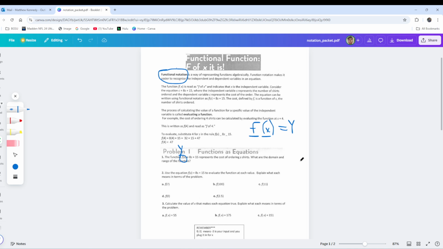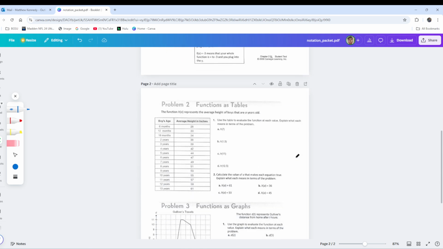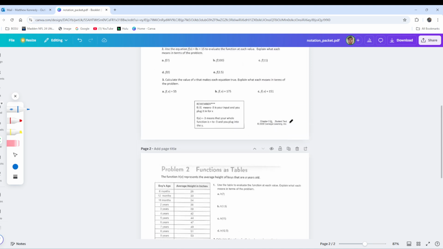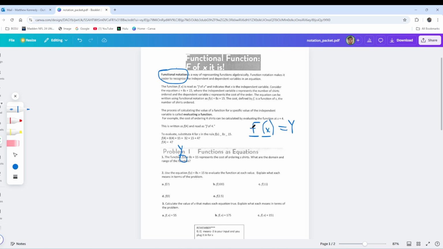If I have h of a, I also have two letters there, right? So anytime that I have two letters back to back and there's no numbers, it's just y.